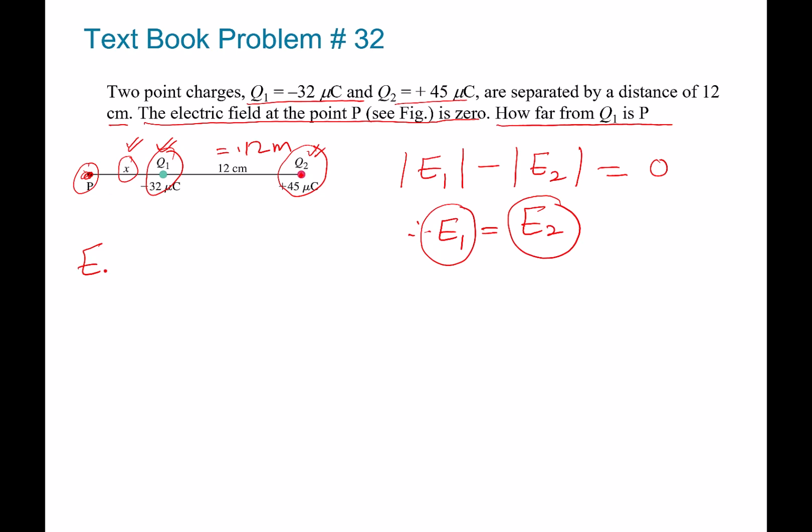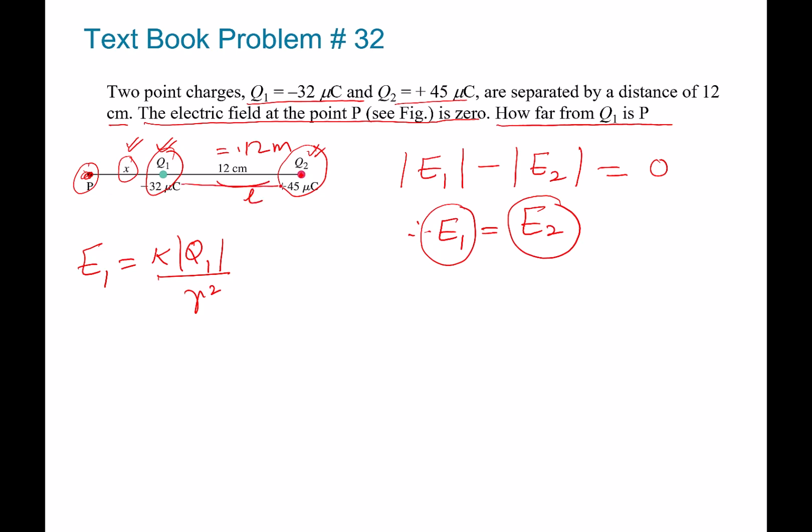So E1 will be equivalent to K times magnitude. We're going to find the magnitude of the charges and then give the directions to it. K times Q1 over R squared. R squared is basically your 12 centimeters, but let's put it as L right now.